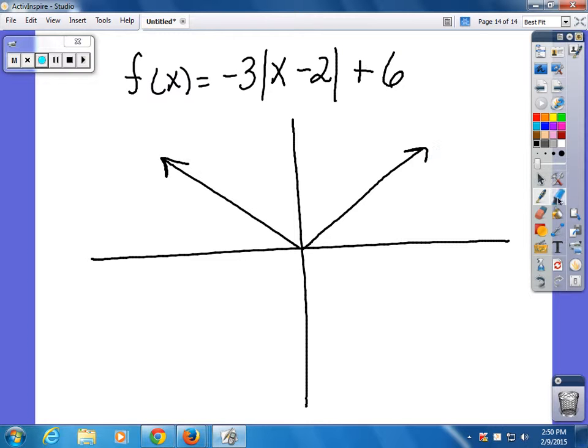Okay, there's 3 or 4 things that you should be looking at. 1 is that guy. 2 is that guy. 3 that guy. That guy. Now, I've already told you what the parent graph is. What tells you that this is the graph?